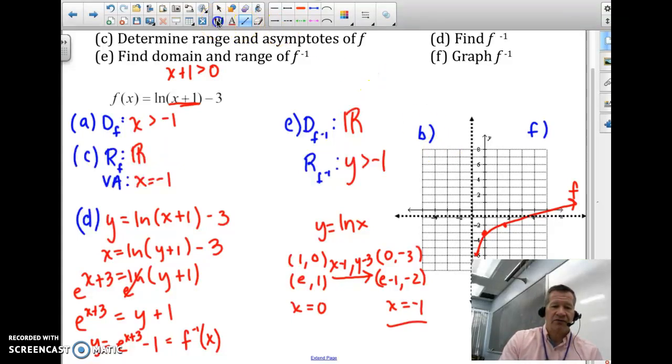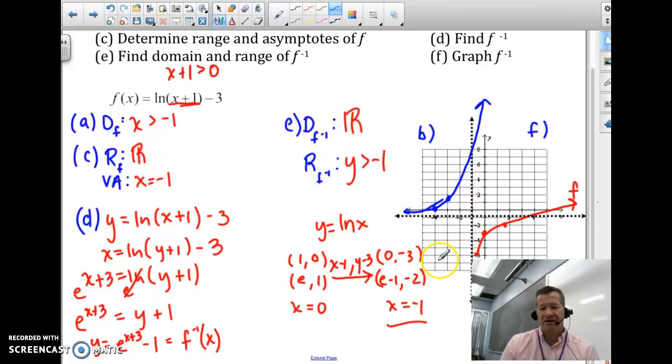Instead of going through points 0, -3, and 1.7, -2, switch those around. I'm going to go through -3, 0, and -2, 1.7. And the graph will increase through those 2 points. So it'll go like this, and, oh boy, kind of like that.